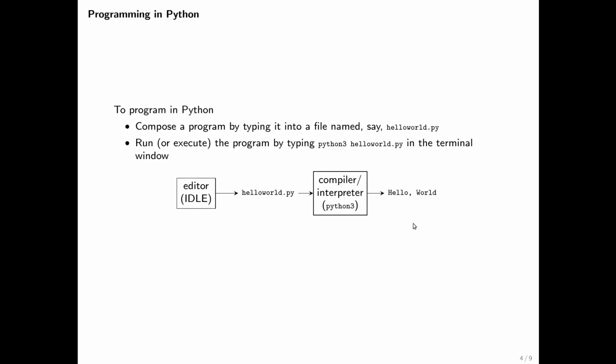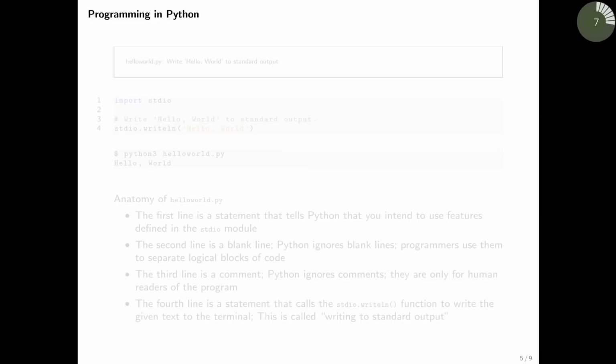So writing a program is an iterative process. You're never going to get it done the first time around. You constantly have to go back and change your program until you get an output that you're satisfied with. So that's how we're going to write and run our Python programs.